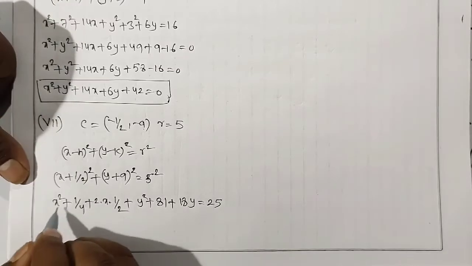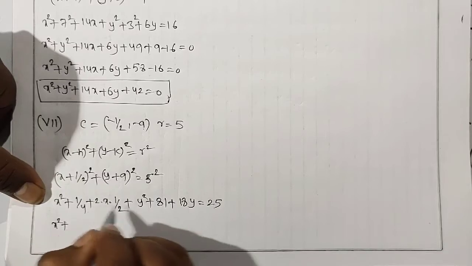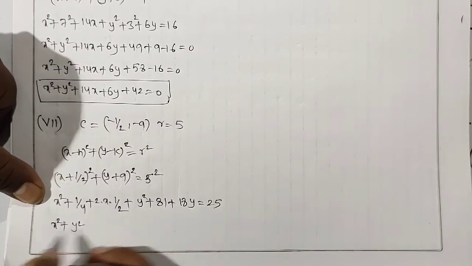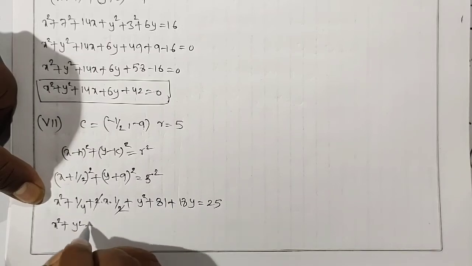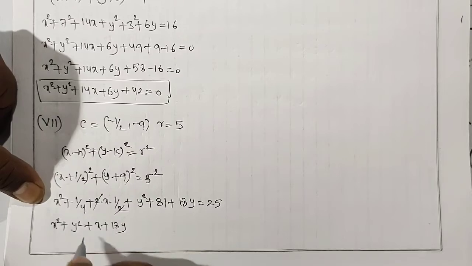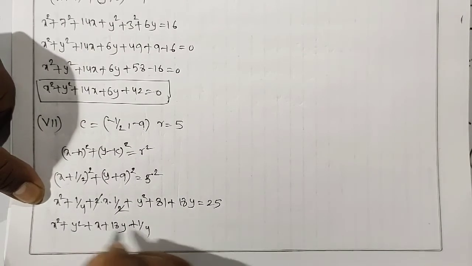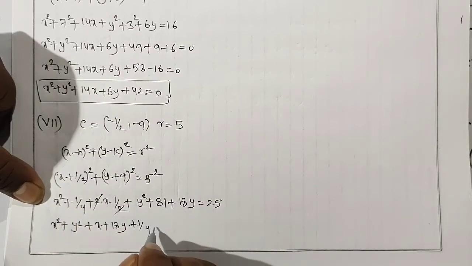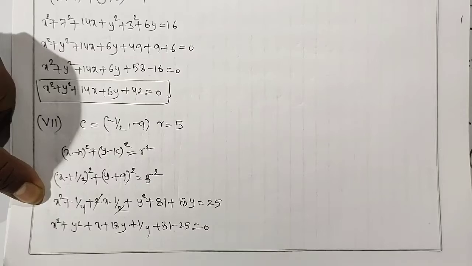Then we get x square plus y square; the 2 and 2 get cancelled, we get only x; then the y term plus 18y; then the constants, plus 1 by 4 and 81 minus 25, is equal to 0.